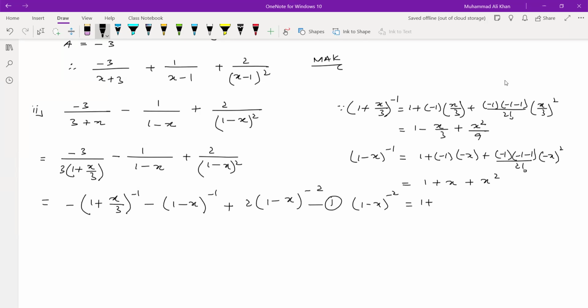It will be 1 plus nx plus n(n minus 1) upon 2 factorial x square. So it will be 1 plus 2x, minus 2 times minus 3, 2 and 2 cancel out, plus 3x square. This is the expansion of the third bracket. Are you clear? Up to x square.